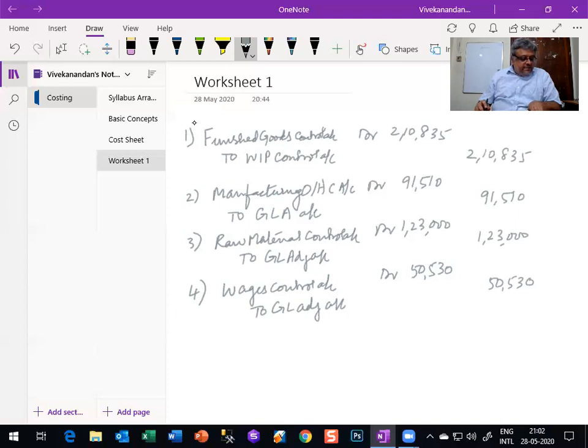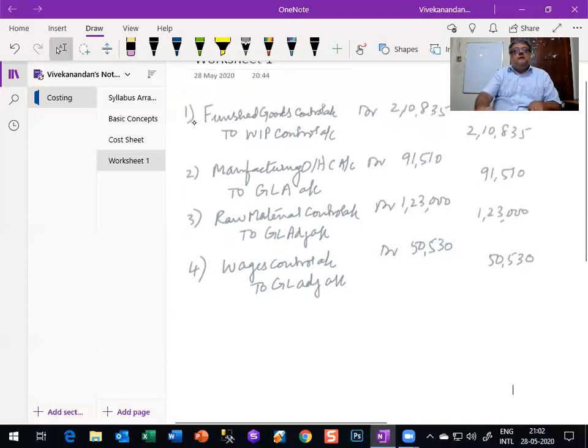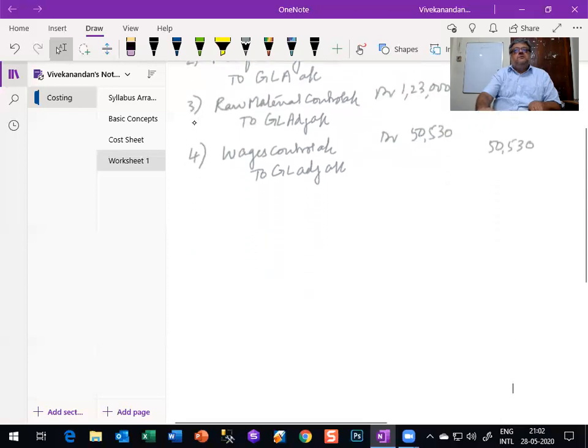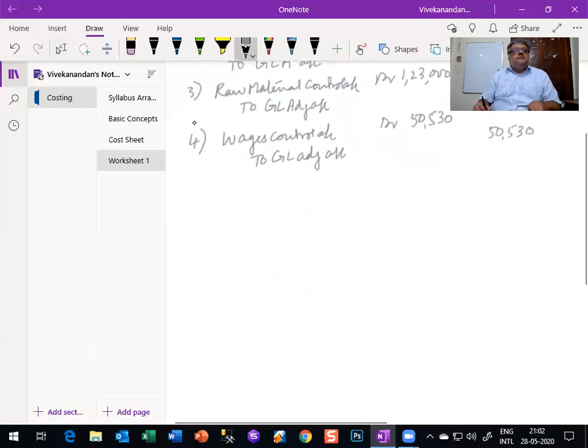Next is indirect labor. What is indirect labor? In the cost sheet, what classification will you do for indirect labor? It will be an overhead.